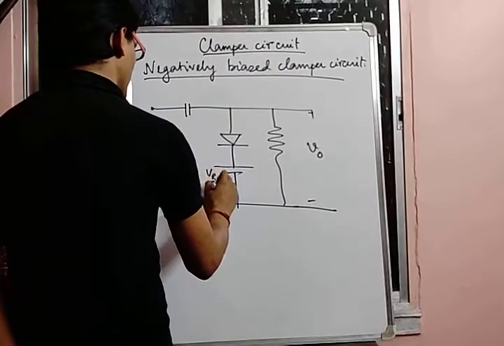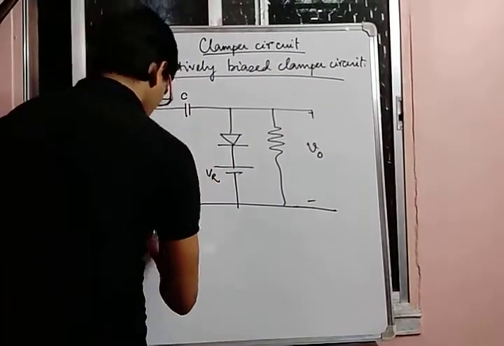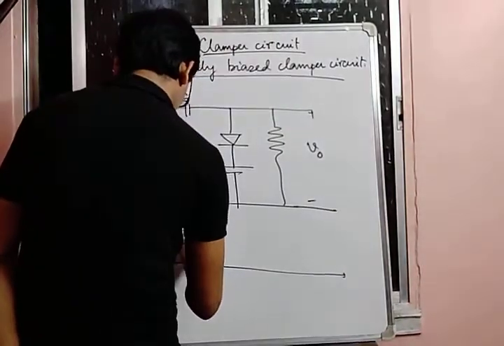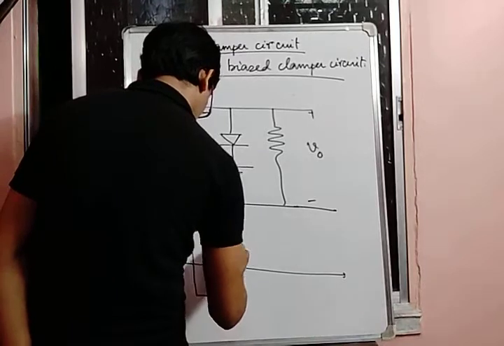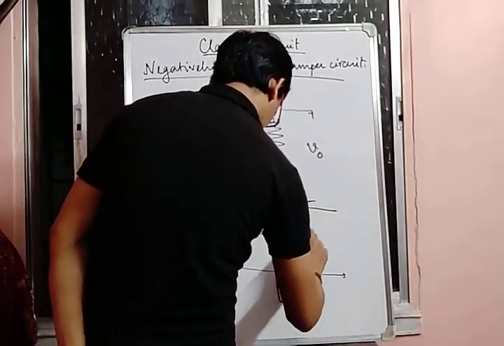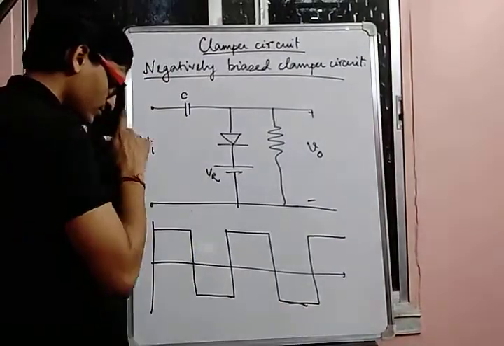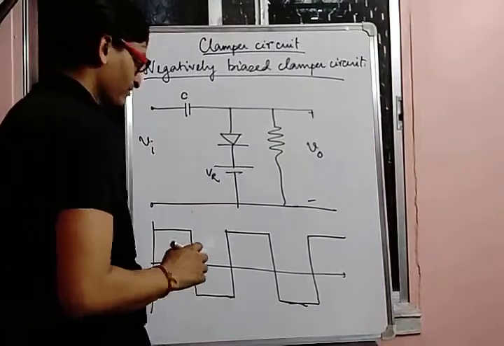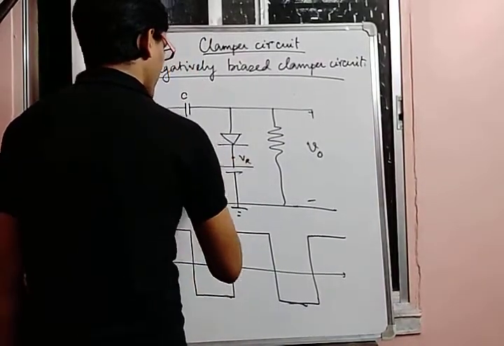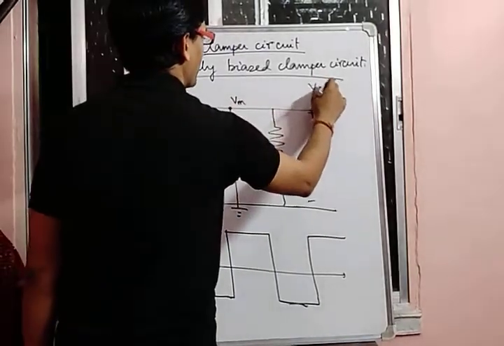So suppose this is VR, this is Vi, this is capital C. Let us consider a rectangular waveform. During the positive half cycle, suppose this is my reference point, so this potential is VR and this potential will be VA. We are considering VR to be less than VA.